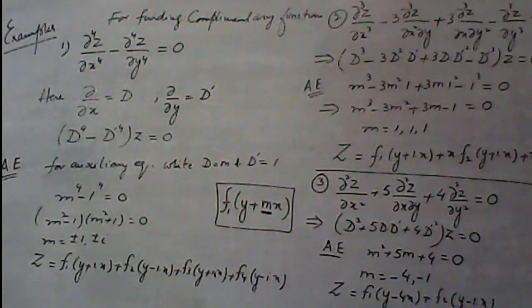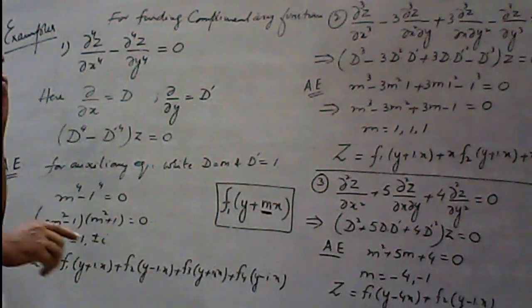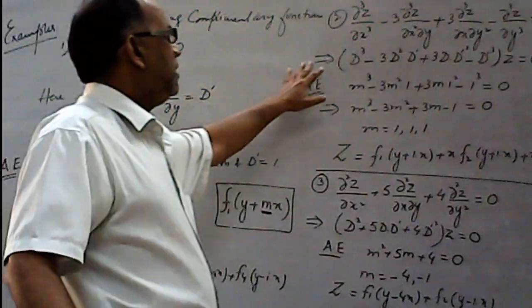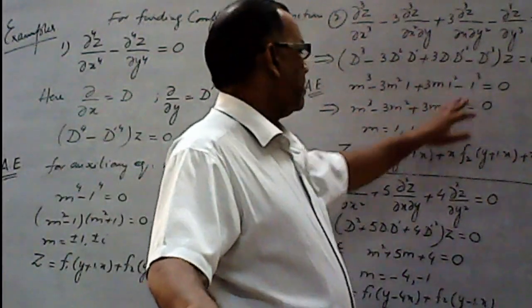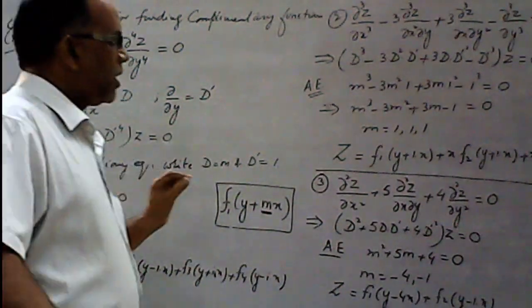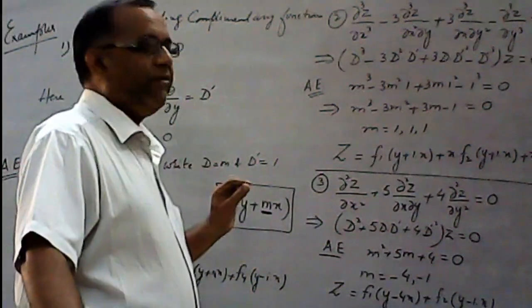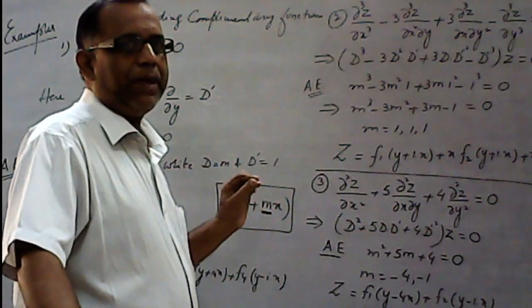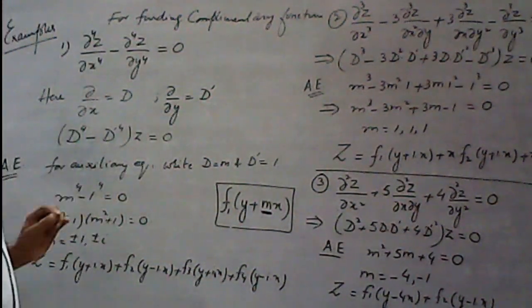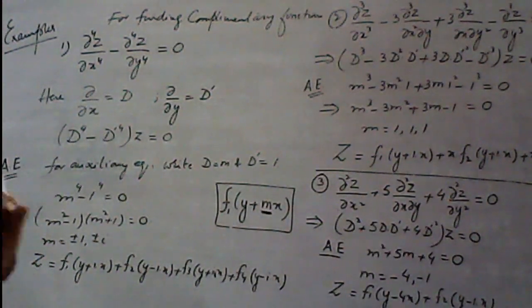It doesn't matter what order they hold, but the order must be the same. So in one example I put order 4, in another order 3, and in this example order 2. All derivative terms in the example must have the same order, because on this basis we call them homogeneous.